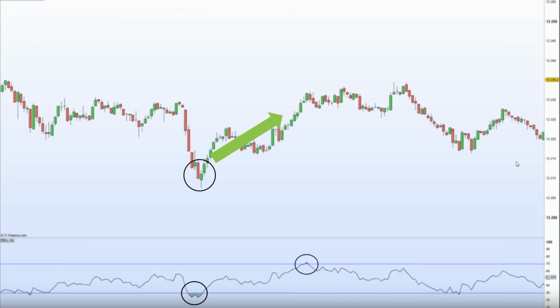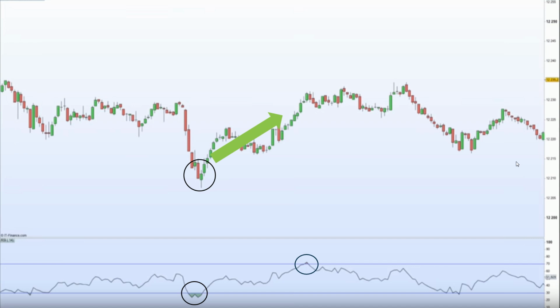Here we have the second circle. We are over the 70 point, so we are in the overbuying zone, obviously. And look what happens here. We come out of the buying zone, and when we are out of it, it's just normal. Then it goes down, like I said.